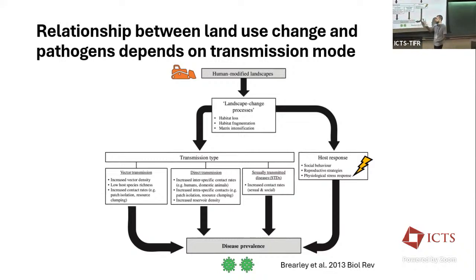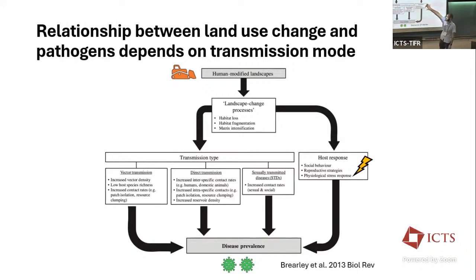And you also some species may respond very well to that disturbed landscape. Certain rodent species may love to live in degraded landscapes and may do very well there, and may contribute disproportionately to pathogen shedding. So that can help. Sexually transmitted diseases, kind of similar to direct transmission, you have increased contact rates that can happen.